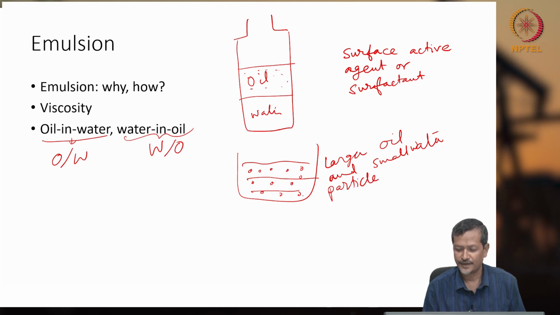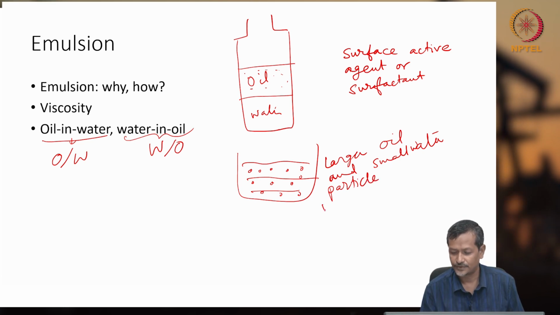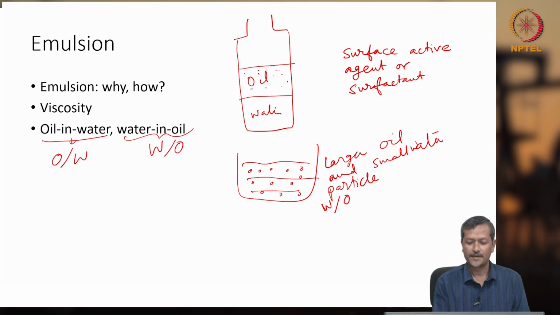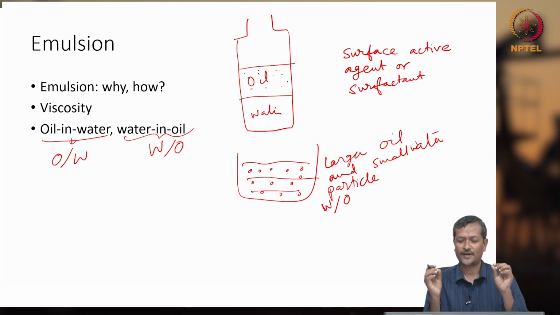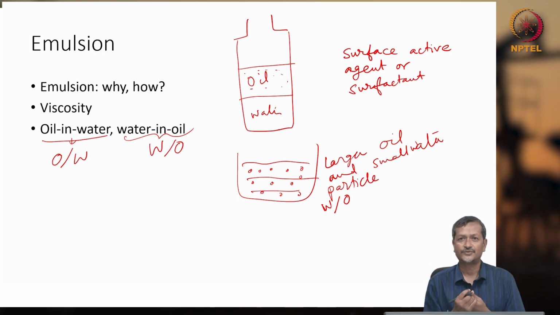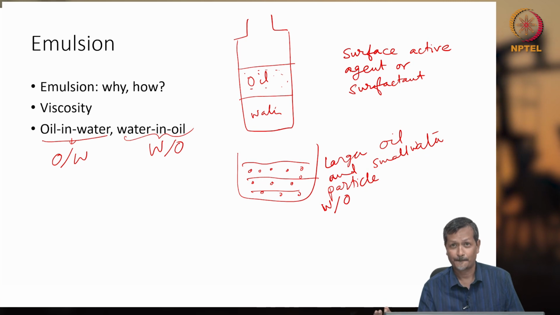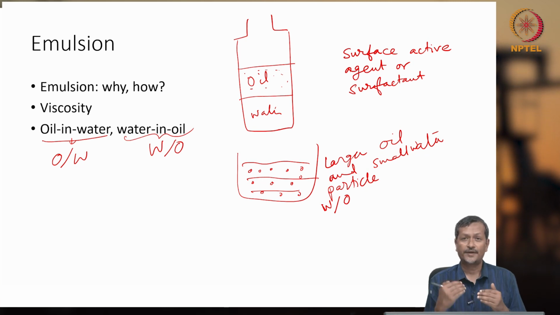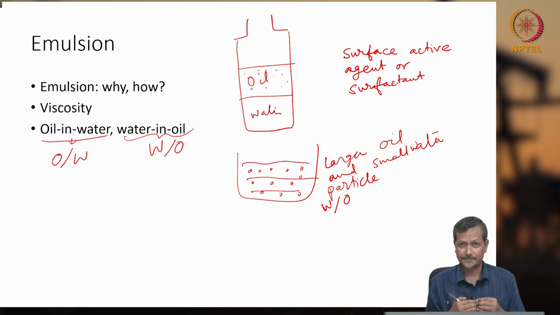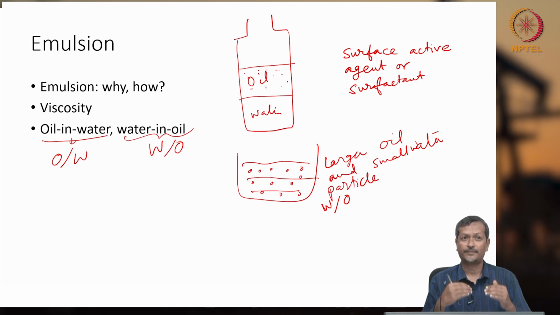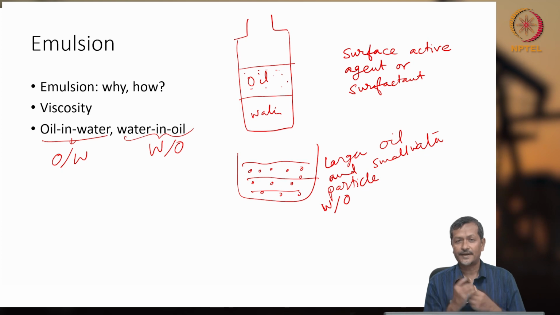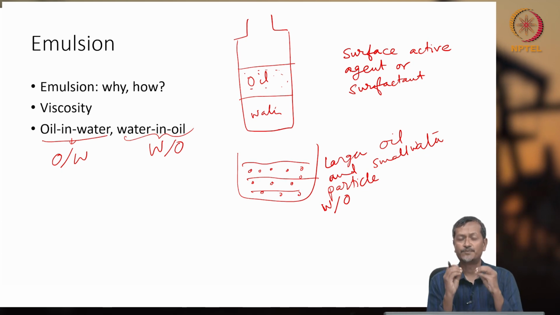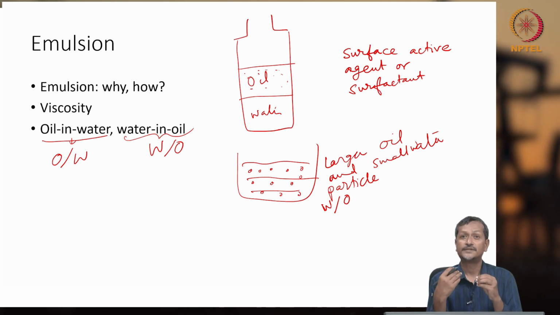So this is water in oil. But if you have the opposite, a larger amount of water and a smaller amount of oil, in that case we say oil in water. Normally a water in oil emulsion will be more stable. And if you have very small particles, that will give a more stable emulsion.